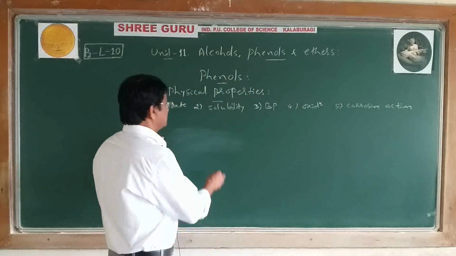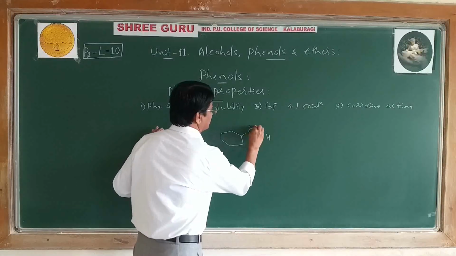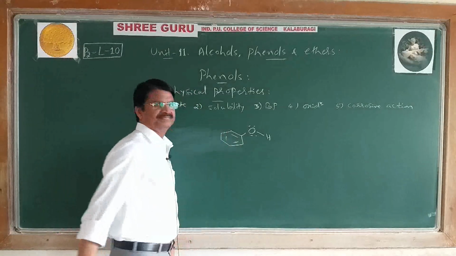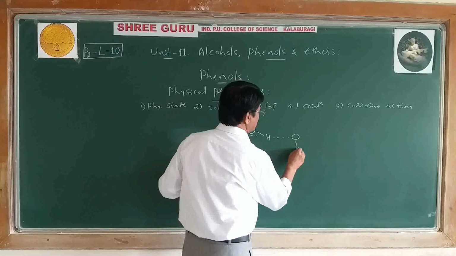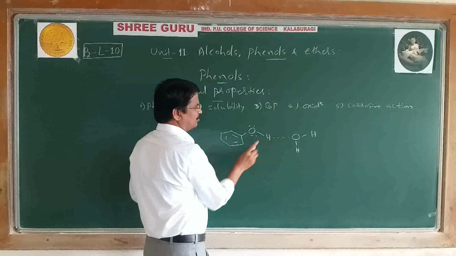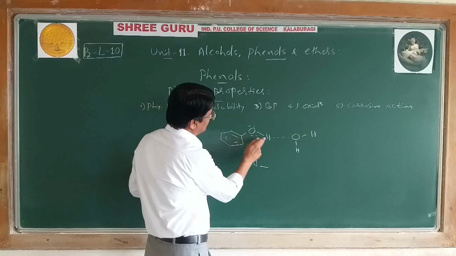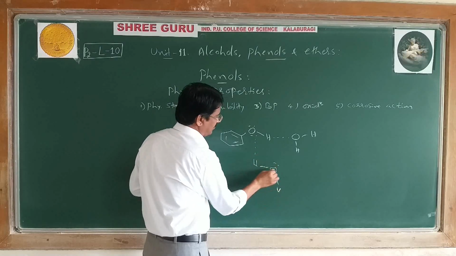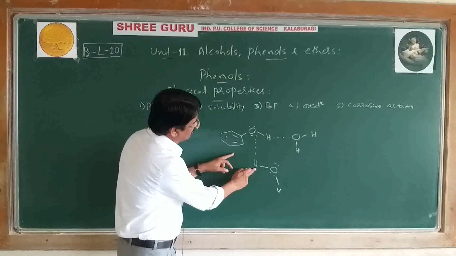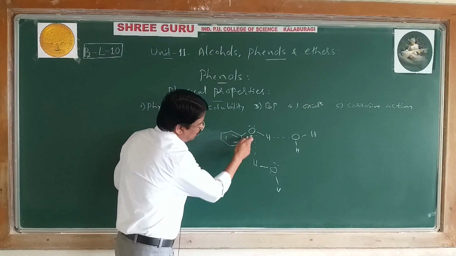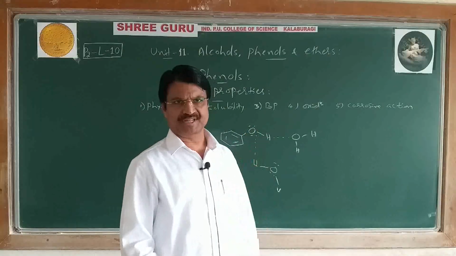Here also, phenol is soluble in water due to formation of hydrogen bonds with water molecules. The water H and the oxygen of phenol O form a hydrogen bond like this. This is called intermolecular hydrogen bonding.